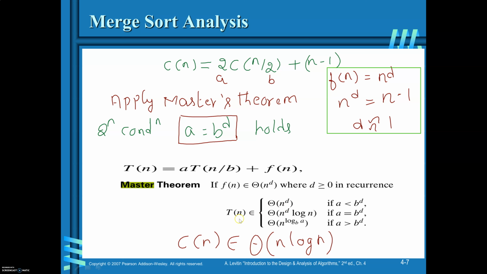After that, you can conclude which efficiency class the complexity of the algorithm belongs to. In this example, since the second condition of the master theorem, that is A equal to B power D, holds, you can directly conclude the efficiency of this algorithm belongs to theta of n log n to base 2.